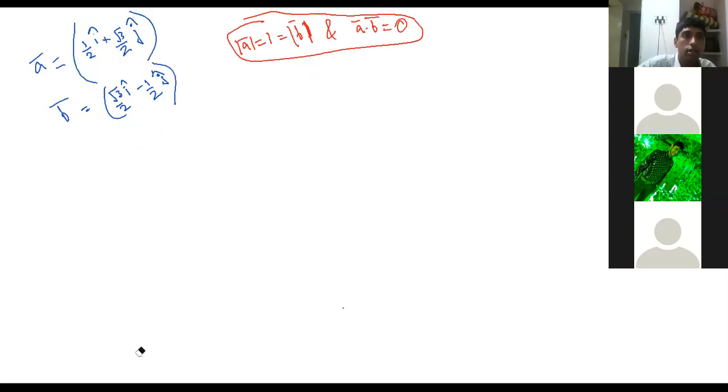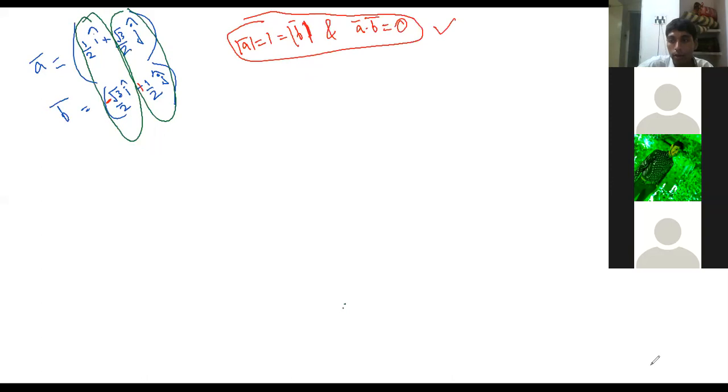Let us just change this a bit. Suppose here also there is plus and here minus. Still this condition will be true. Can I say that this condition will still be true? Yes. Now you define another vector in this way.